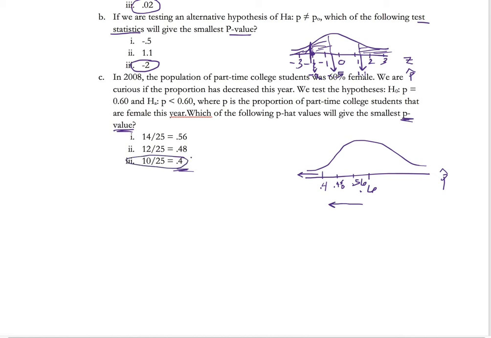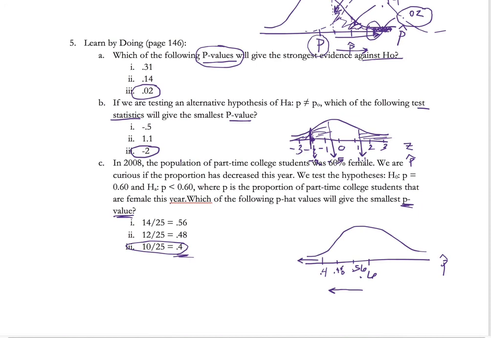So apparently all of the answers are the third choice. The smallest p-value gives you the strongest evidence to reject H0. The smallest p-value comes from whichever test statistic moves you furthest from center.